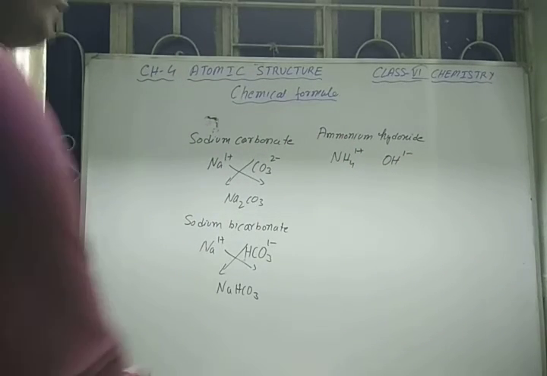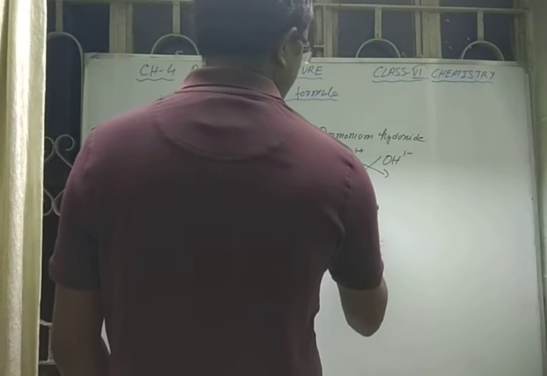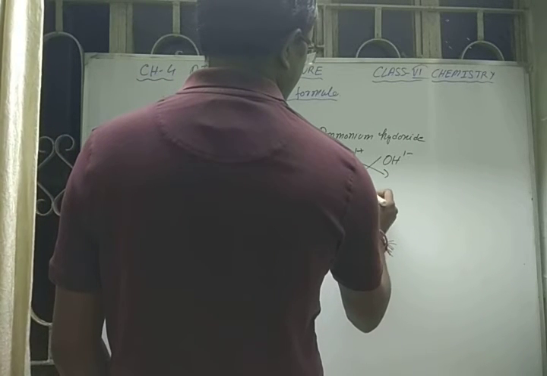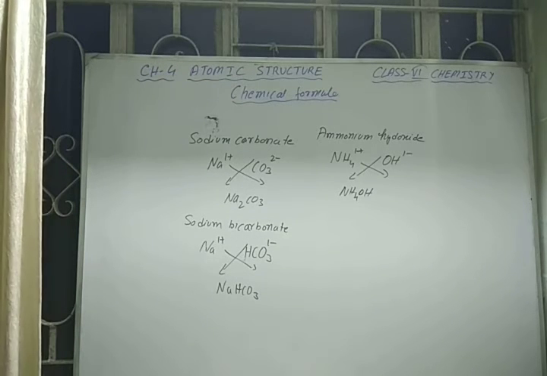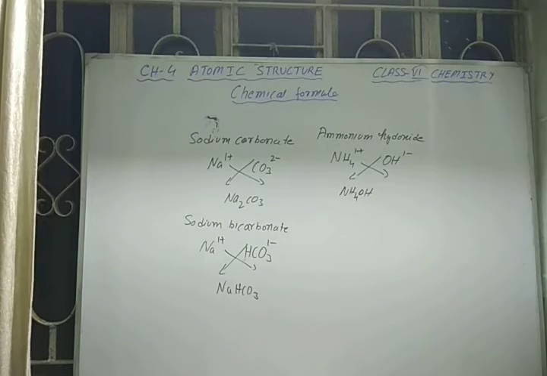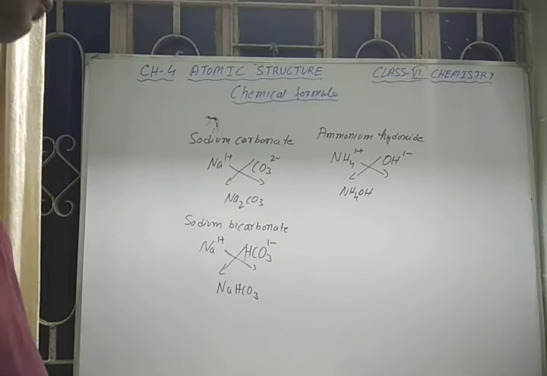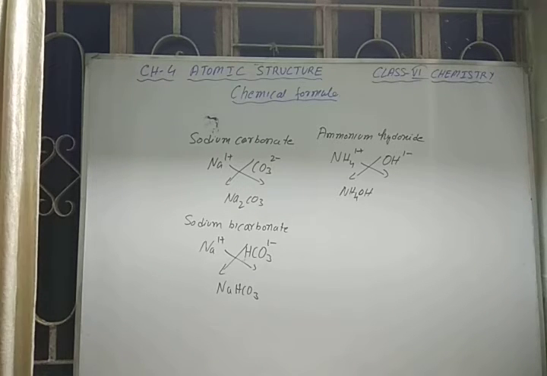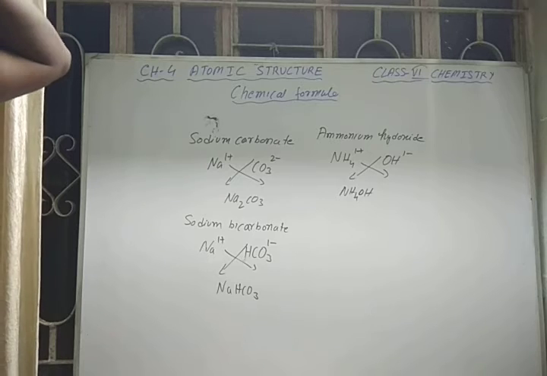So when you write the formula, it will become NH4OH. The formula of ammonium hydroxide, NH4OH. In this way you can make enormous formulas. For that we have to remember these radicals and ions and their valencies. If you remember, you can easily make the formula.